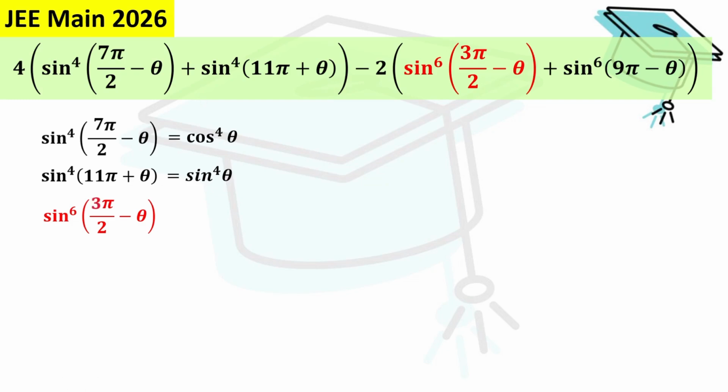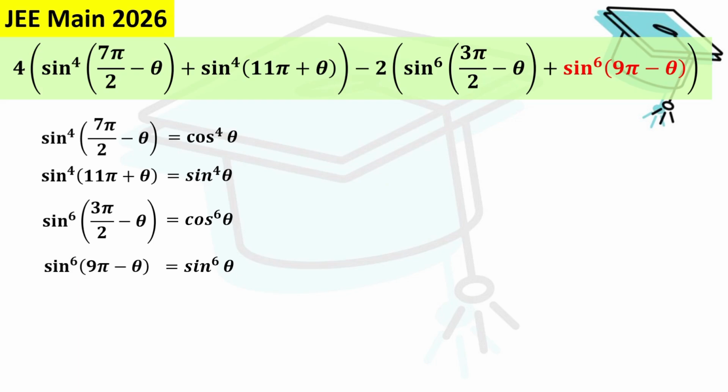So sine becomes cos. No need to see the quadrant sign because again the power 6 is even, so it just becomes cos to the power 6 theta. And the last term, sine to the power 6 of (9 pi minus theta), becomes sine to the power 6 theta because we have an integral multiple of pi, which does not change the trigonometric ratio.